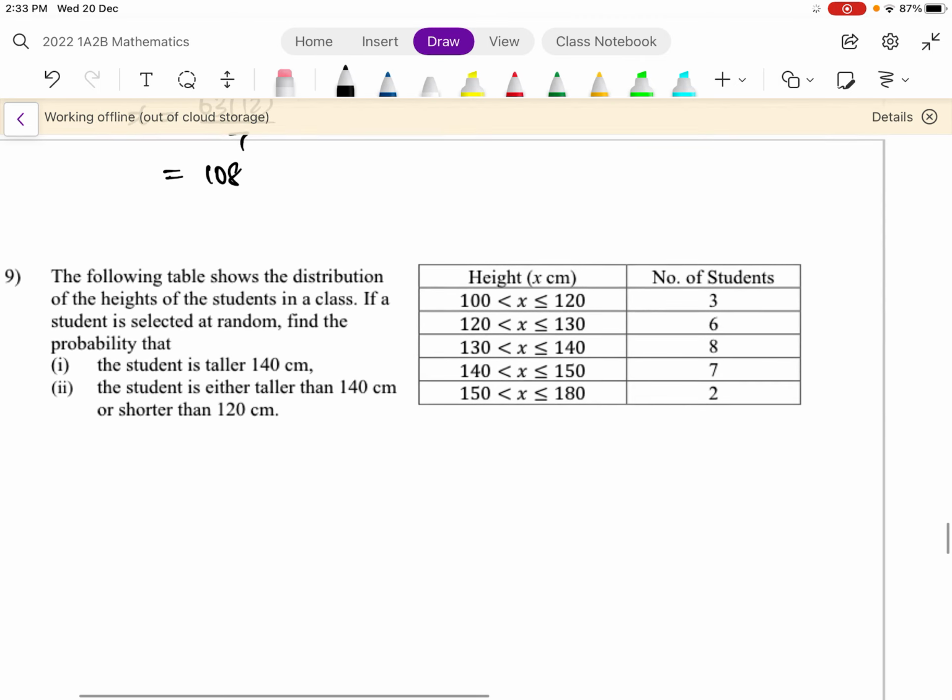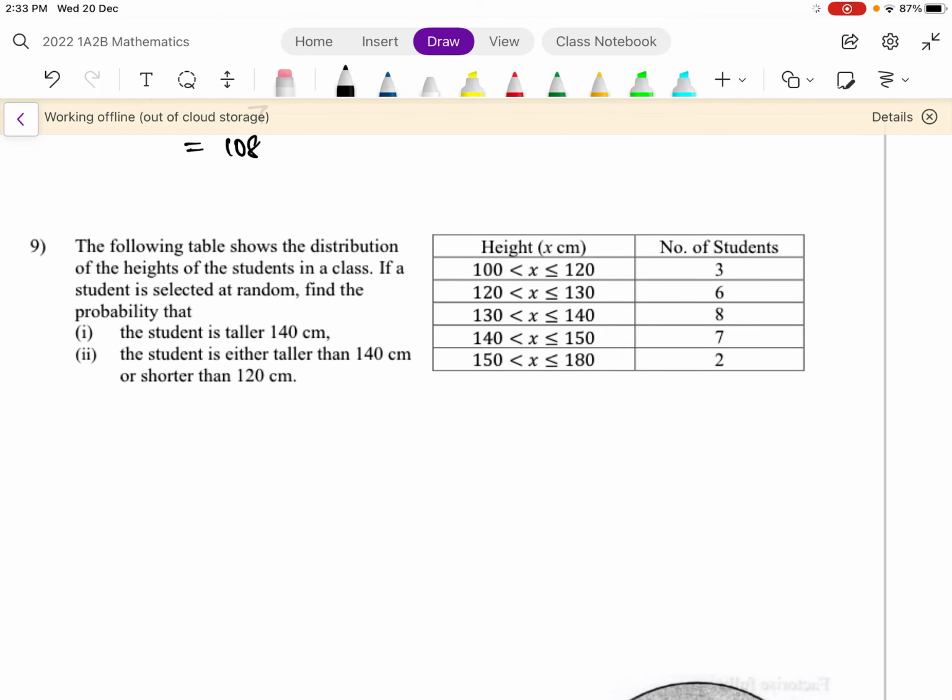Okay, now we see how probability can also be applied in tables where we have class intervals of heights of students in the class. We're going to select a student at random and find the probability that he is taller than 140 cm. Taller than 140 cm, we are talking about these two categories.